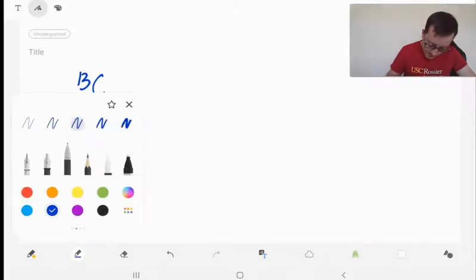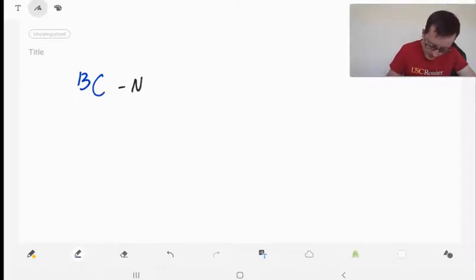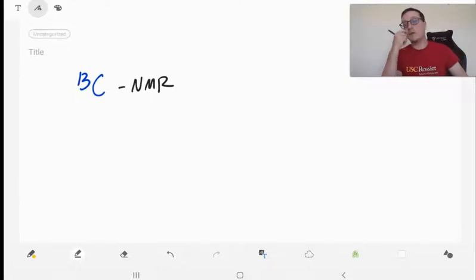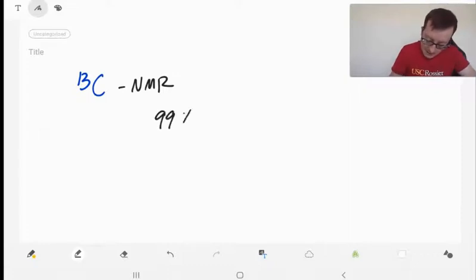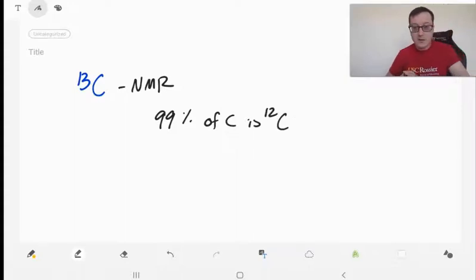Now, carbon NMR is different in that we have to use carbon-13. Remember that in order to look at resonance of a particular nucleus, it needs to have an odd mass number. We know that about 99% of carbon is carbon-12, right?